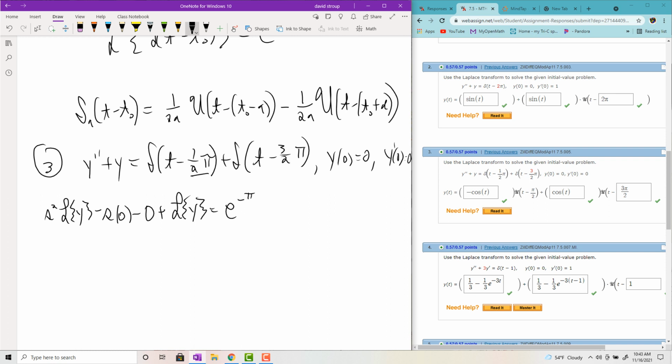So it'd be pi over 2s. You got to tack on the s as well, plus e to the negative 3 pi over 2s. Okay, clean it up a bit. So this is 0, this is 0. You get s squared plus 1 after you factor out the Laplace transform. And over here e to negative pi over 2s plus e to negative 3 pi over 2s, divide by the s squared plus 1.